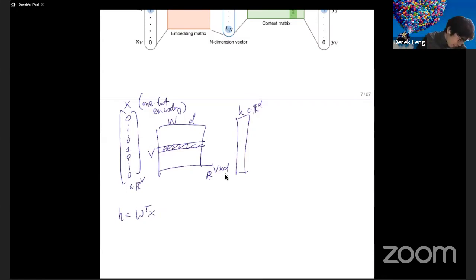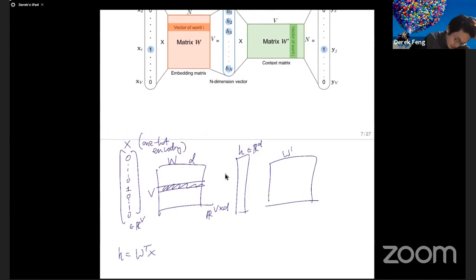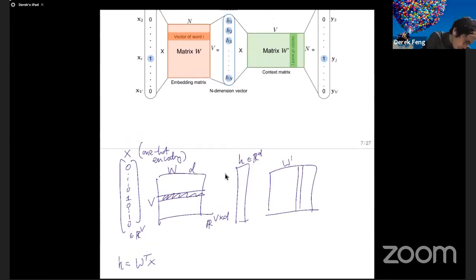Now, we often call H the hidden layer. H is this intermediate vector that we construct from our input. Now, what do we do with H? We have another matrix, W prime. Actually, W prime is the same as W because, as we said, the context and the words themselves are going to be the same. So this is V by D now.